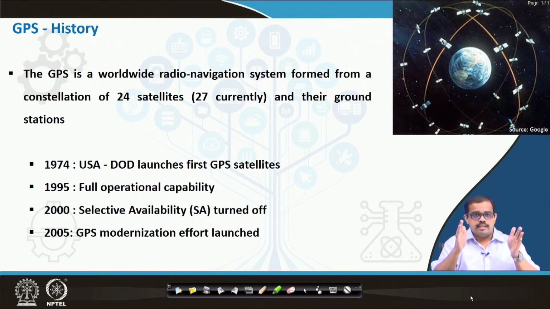It was giving certain users only the best available signal, whereas other users did not have access to the best available signal in the GPS navigation system. Then in 2005, the GPS modernization effort was launched, and as of now it is quite modernized in terms of navigation and the measurements that it provides.